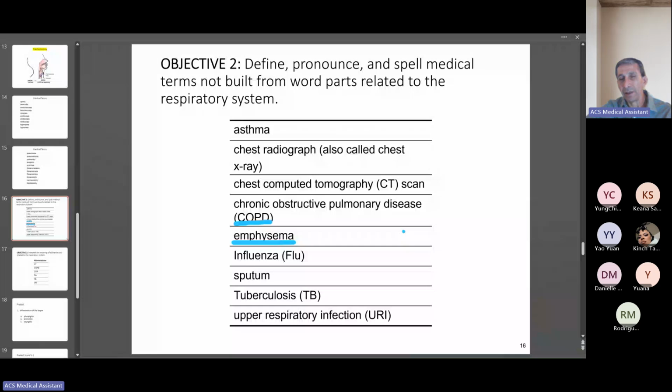We just say emphysema, period. This is a collection of secretions, mucous secretions inside the lungs. So when you have chronic bronchitis plus emphysema, you develop COPD.